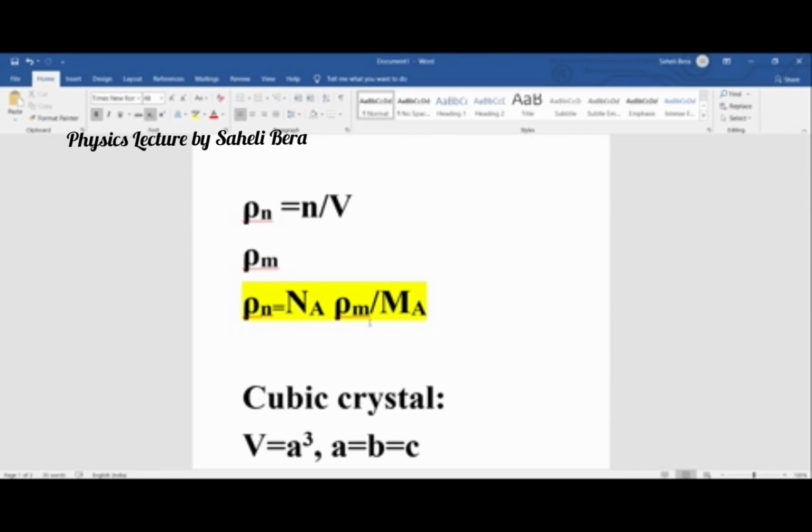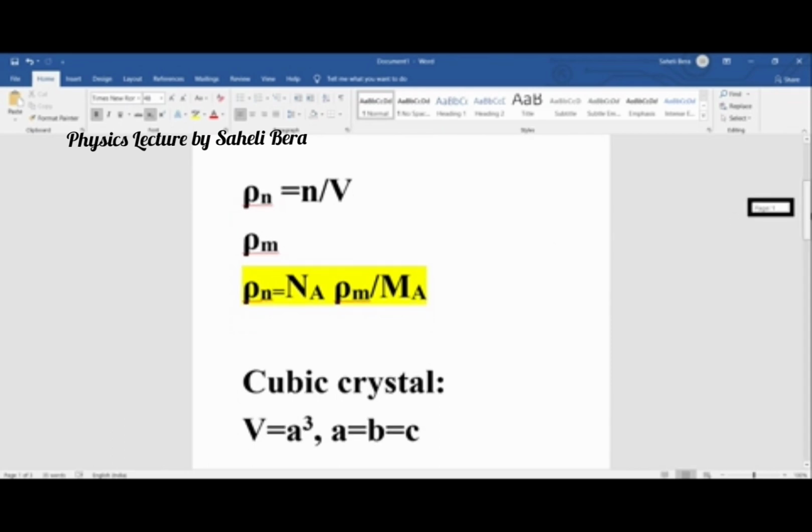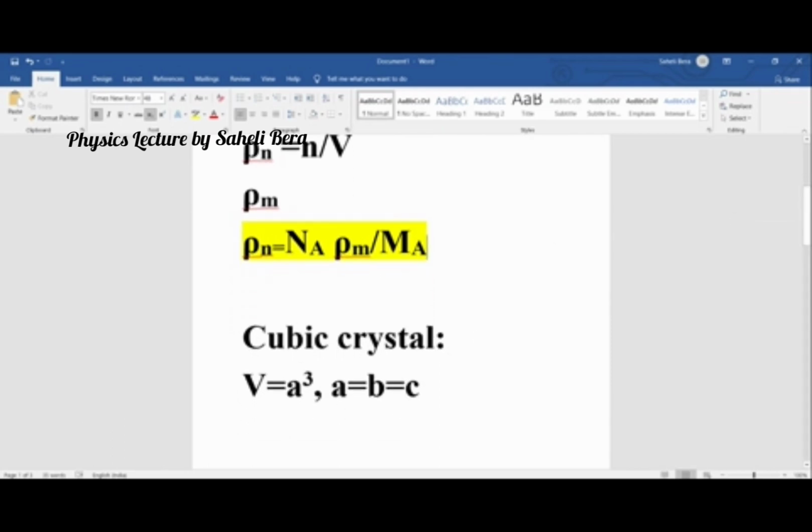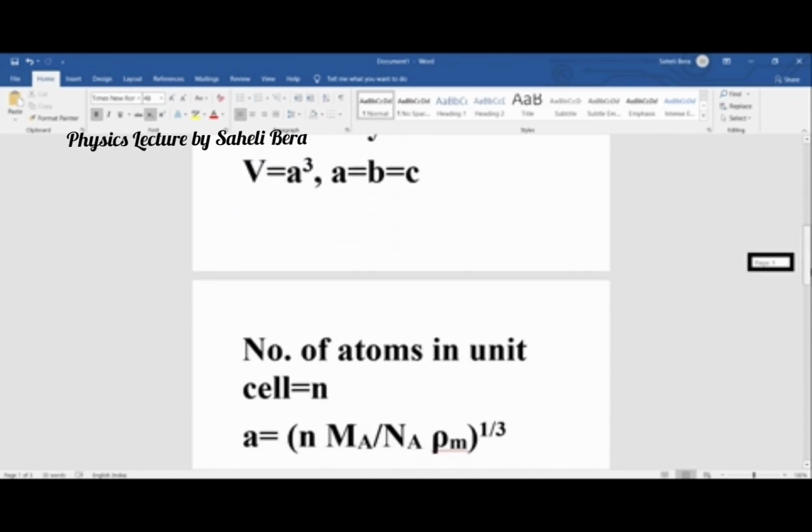Now there is another important relation. If we take a cubic crystal, the sides are equal, A equal to B equal to C. So the total volume of a unit cell in cubic will be A cube. If I put this A cube in rho n, rho n will be N by A cube. Now if I put it here, then just do it in your notebook.